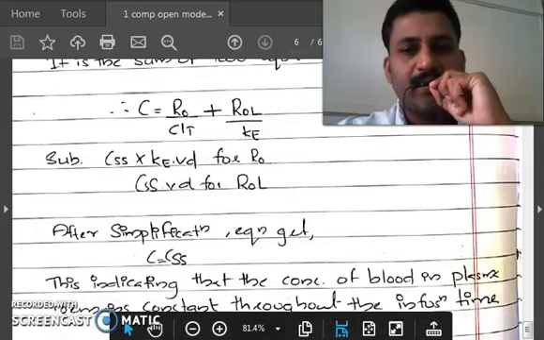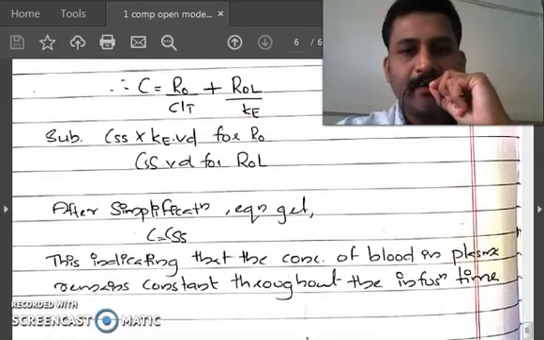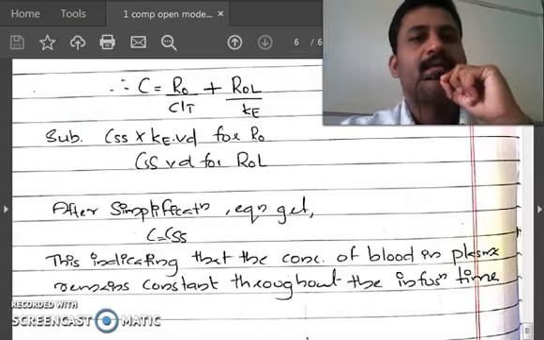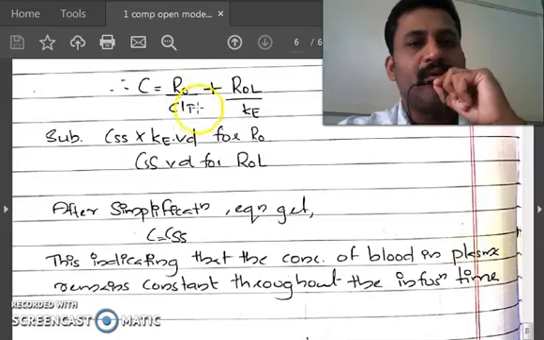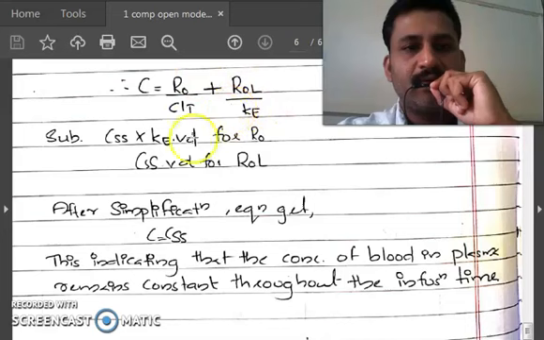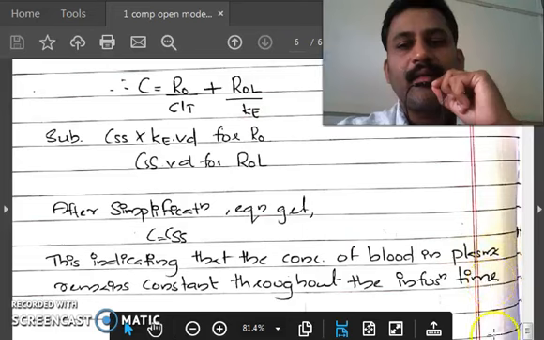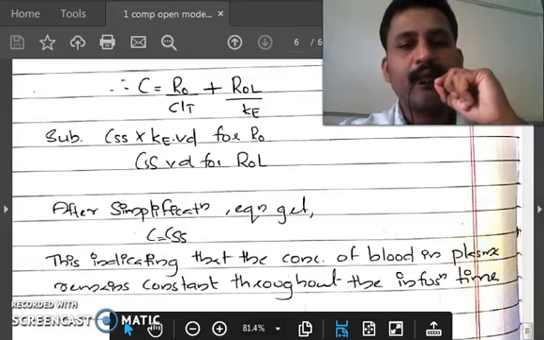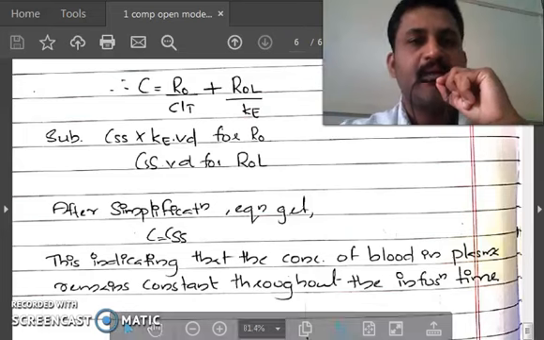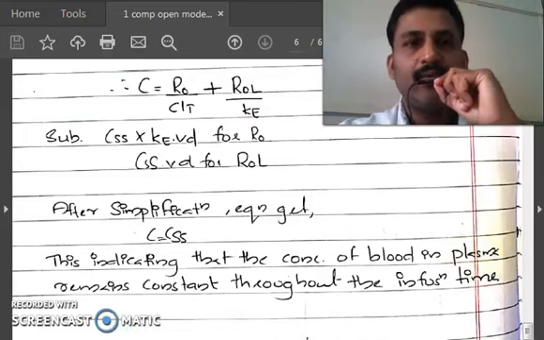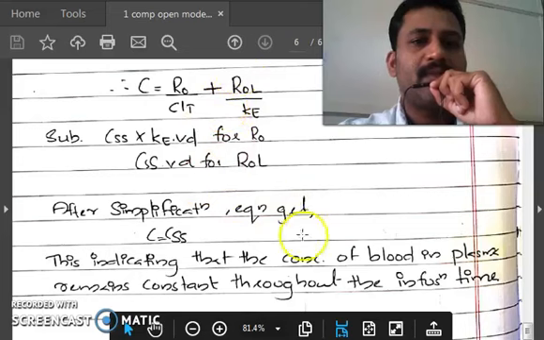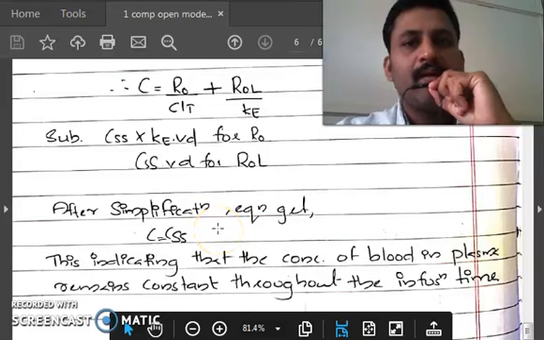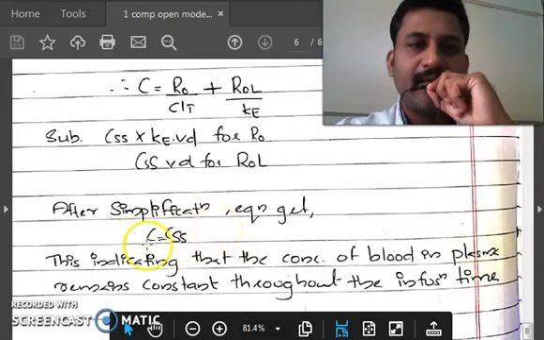We are not showing the simplification steps here. After substituting and simplifying, we get C is equal to CSS. That step we are not mentioning here, no need to write it. Directly you can write C is equal to CSS.